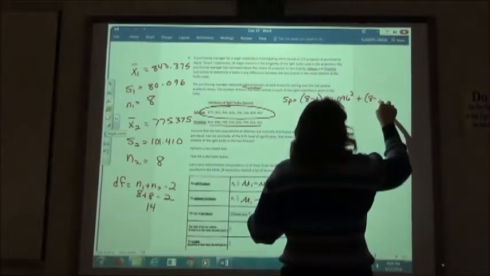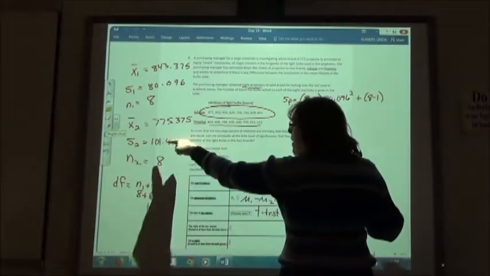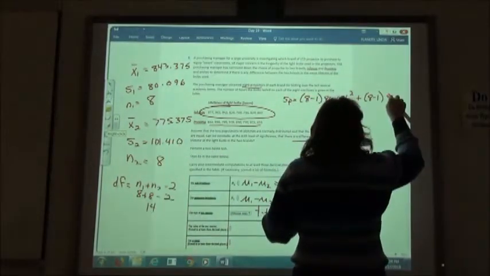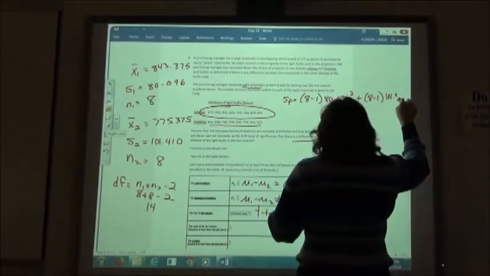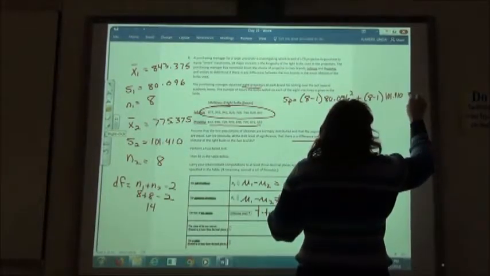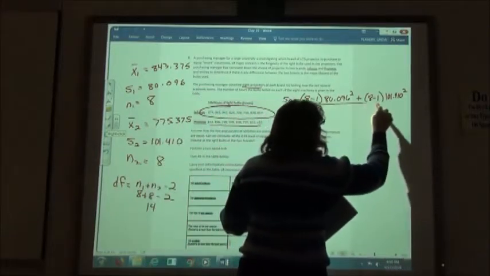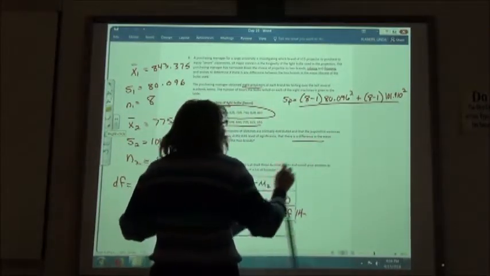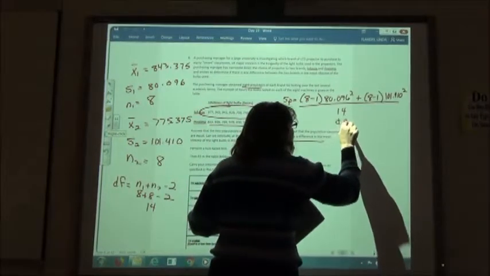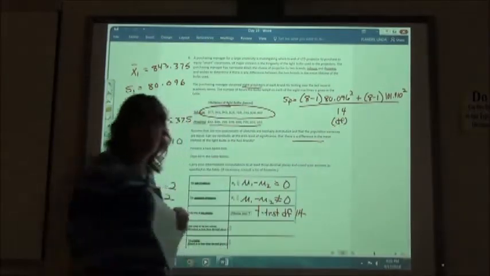So again, we have 8 minus 1 times our standard deviation squared, 101.410, squared. That is all over the degree of freedom, which is your 14. I'm just going to put DF there for the degree of freedom.